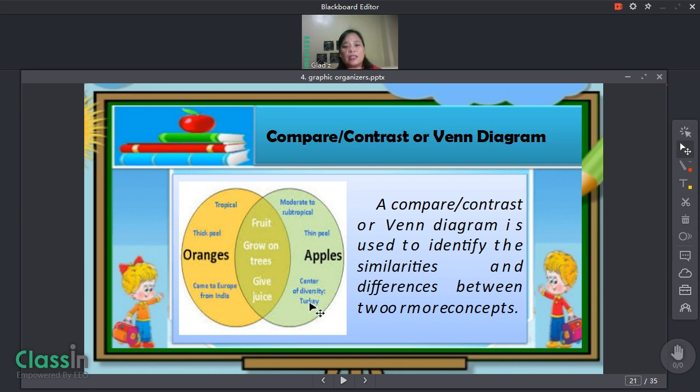Contrasting. So remember that, class. We have here the middle part, the similarities, and then in the sides, the differences of the two things being compared.